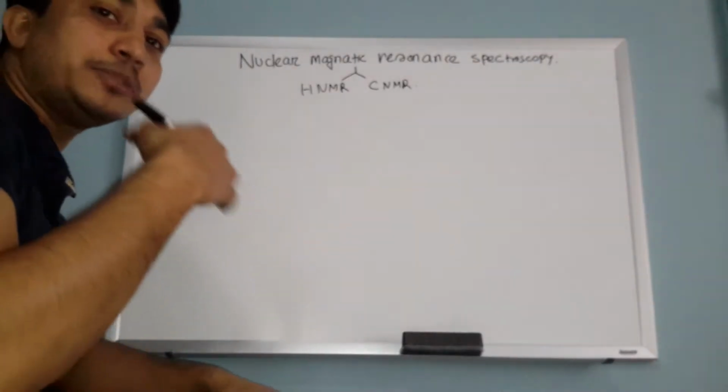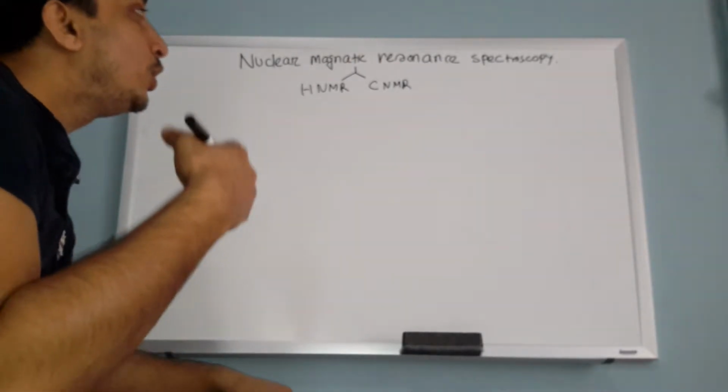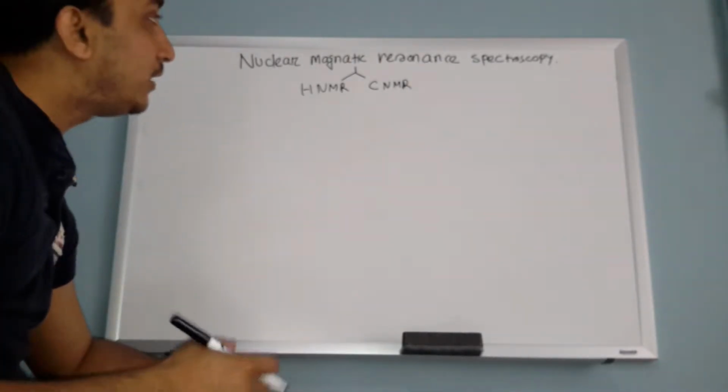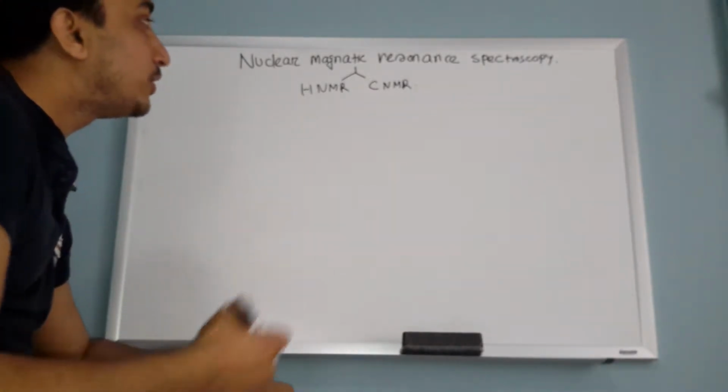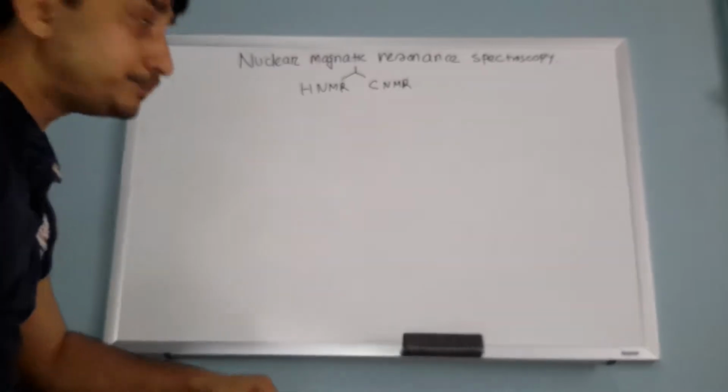So if I give you any particular compound, you have to do the HNMR. So I'll give you one example and I'll explain how you can figure out HNMR and everything, okay?